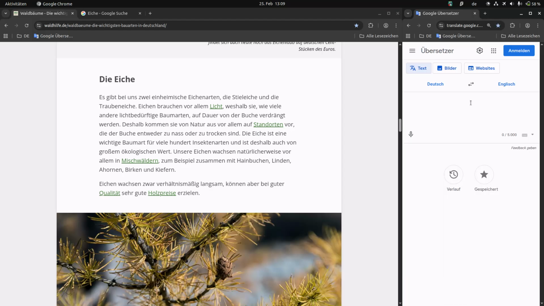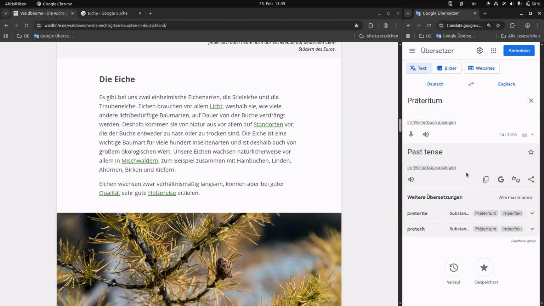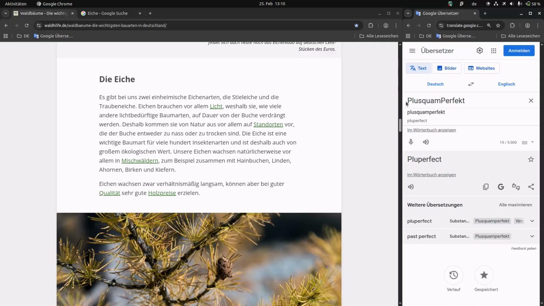There is the present form, and there is the Präteritum, the first past form. Then of course we have the perfect, and the beautiful plusquam perfect.